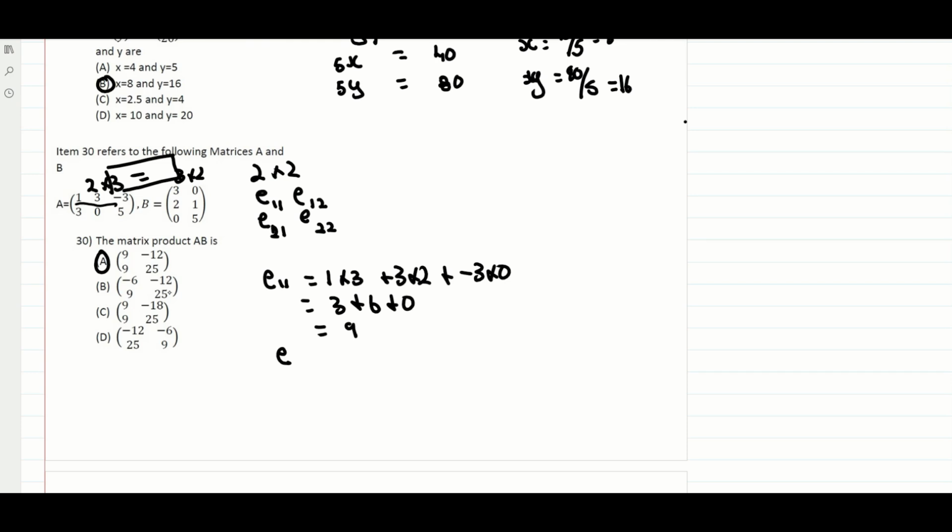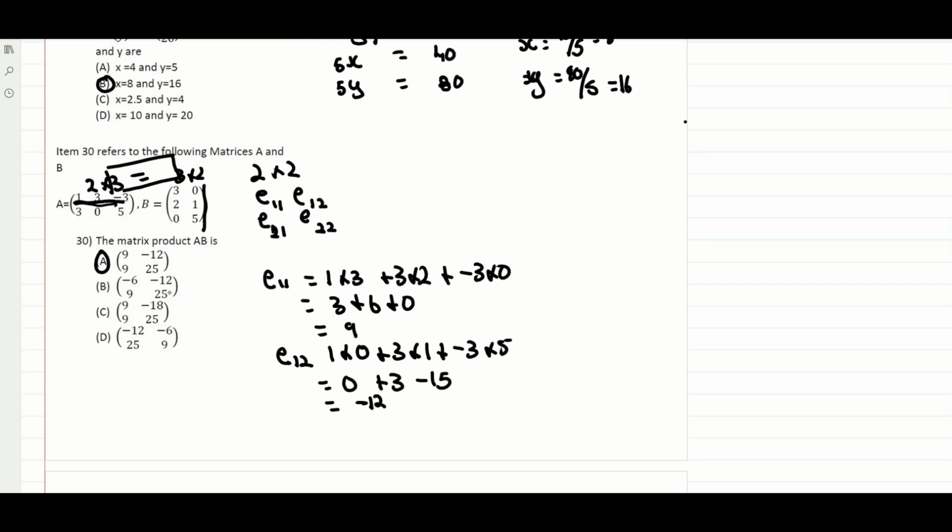Alright, E12 would be 1 by 0 plus 3 by 1 plus minus 3 by 5. What am I doing? I'm looking at this row here and this column here, okay? So that is 0 plus 3 minus 15, which is equals to minus 12.